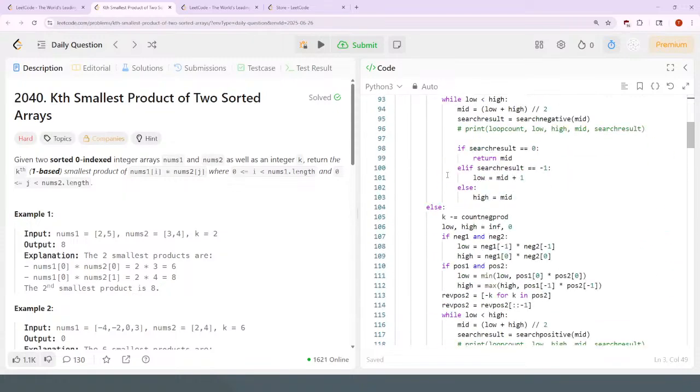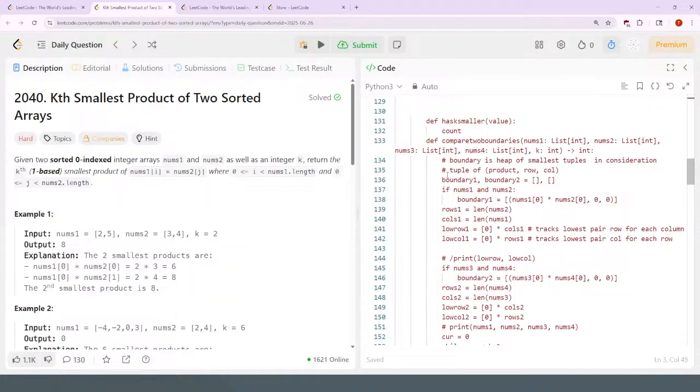What speed was that going to be? I want to say O of n times m, where n and m are the sizes of the arrays. So it's basically an O of n squared solution.